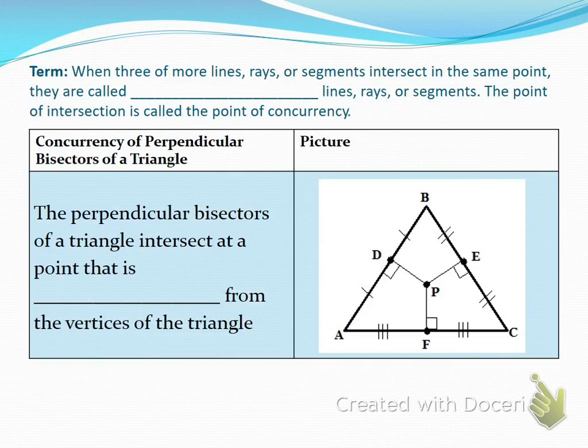Okay. When 3 or more lines, rays, or segments intersect in the same point, they are called concurrent.